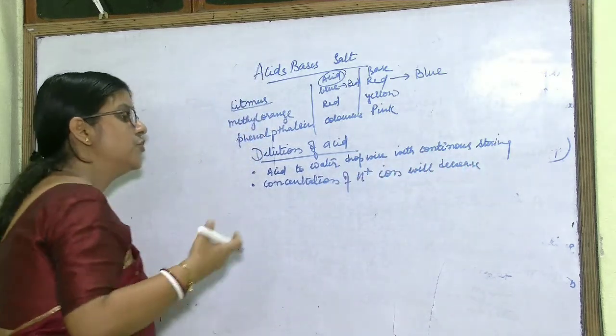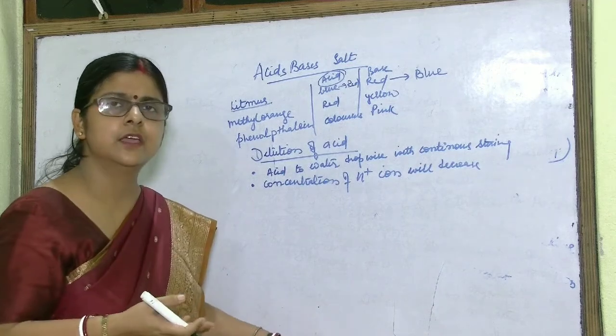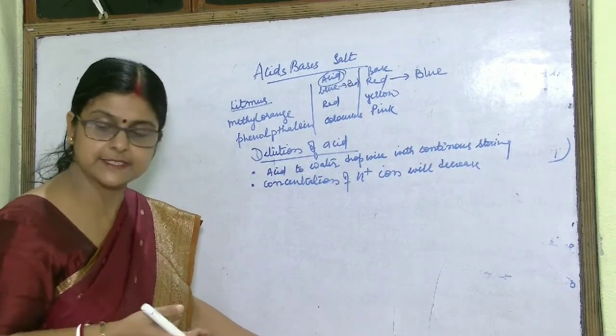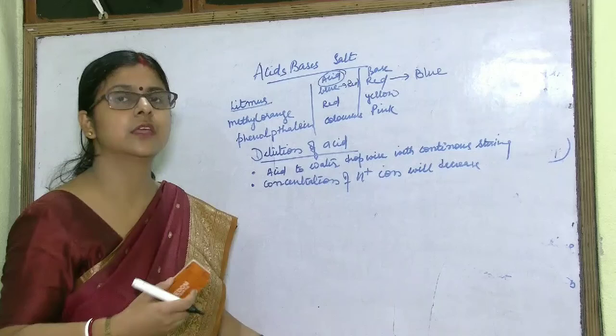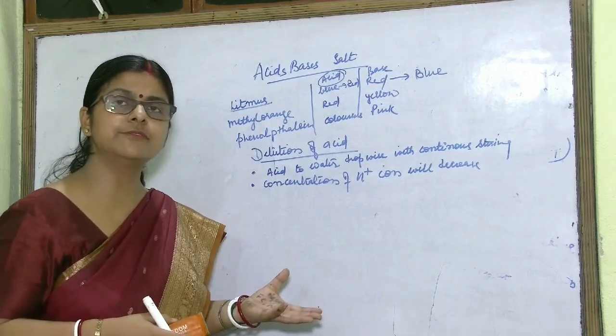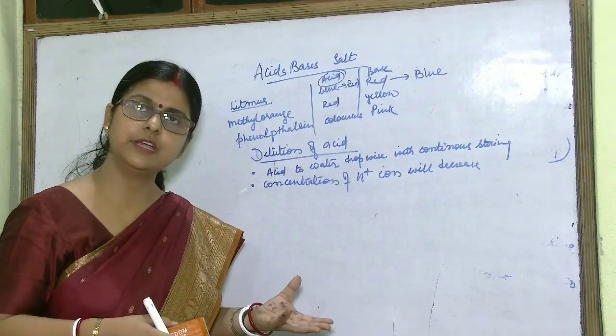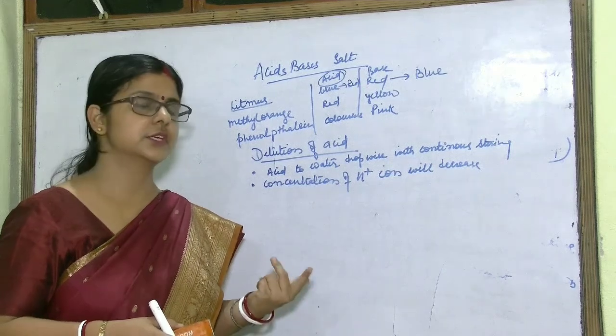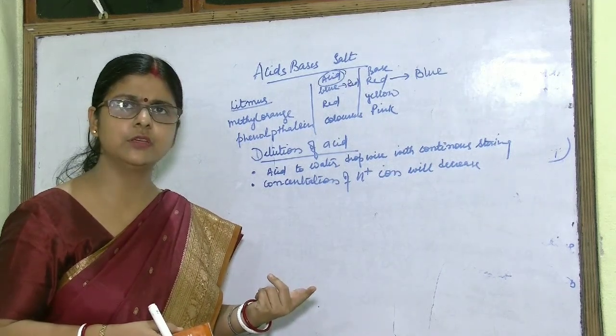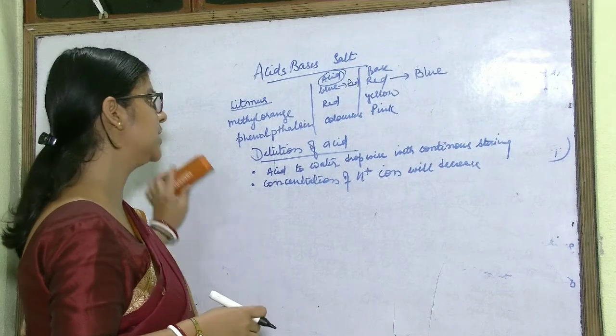Similarly, if you speak for base, if you are diluting a base, then what will happen? The concentration of OH minus ion will decrease. Concentration will decrease if you are diluting. Okay, no problem in it.